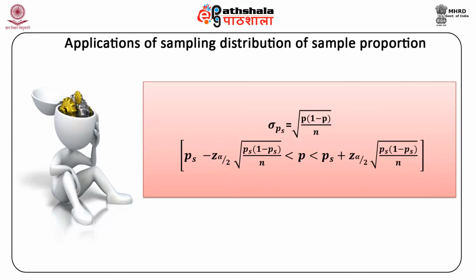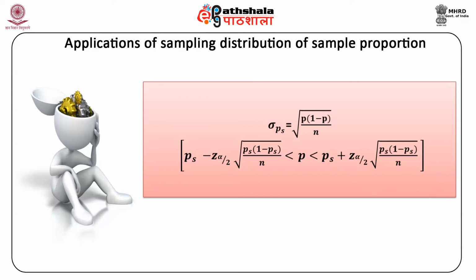Construct an approximately 100 into 1 minus alpha percentage confidence interval for a population proportion. We know that the probability that Z is less than or equal to Z alpha by 2 and greater than or equal to minus Z alpha by 2 is equal to 1 minus alpha.